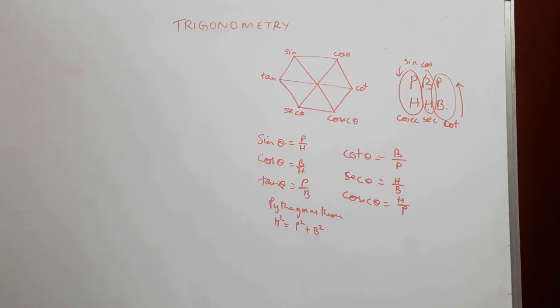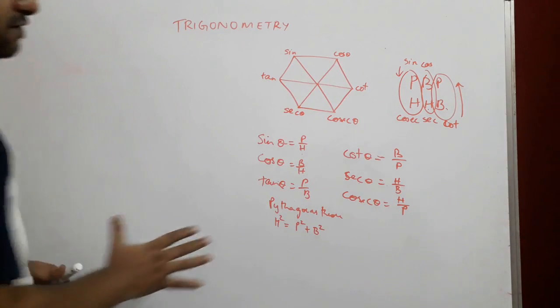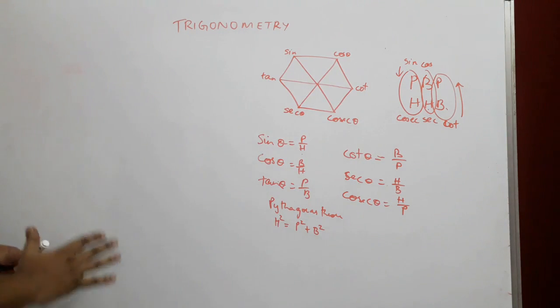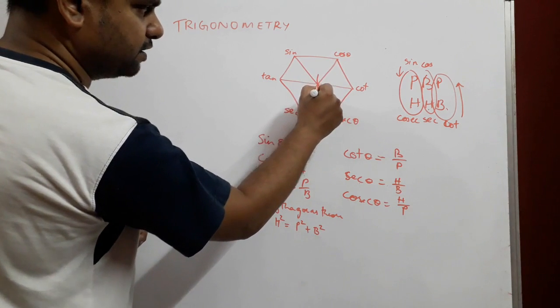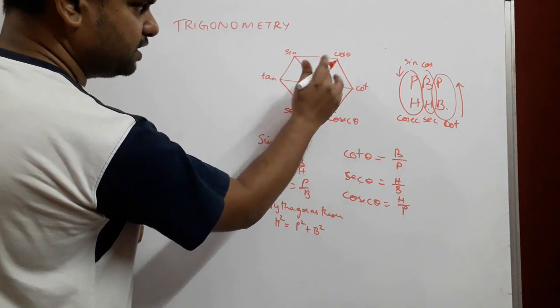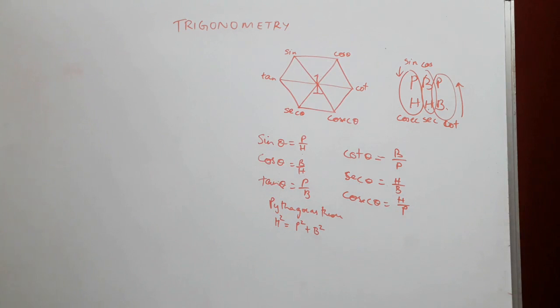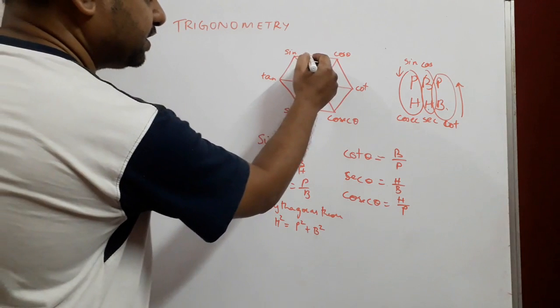For the next set of formulas, I have redrawn this figure, I have cleared this up, but once again we will need that one in between. Once again we'll need these three triangles.